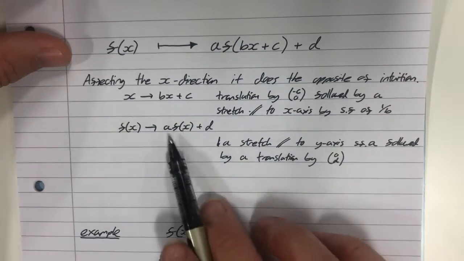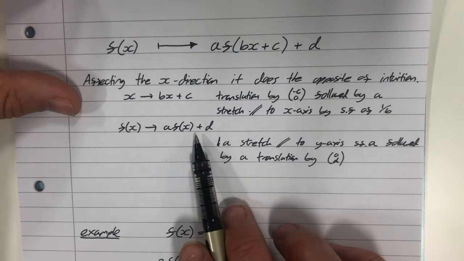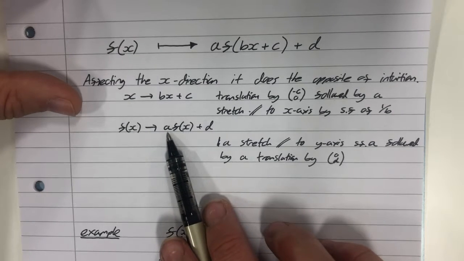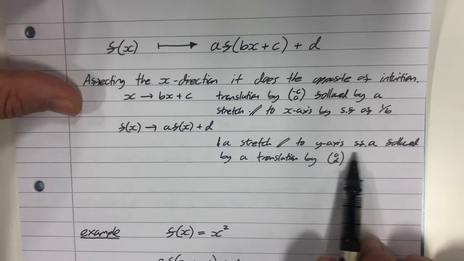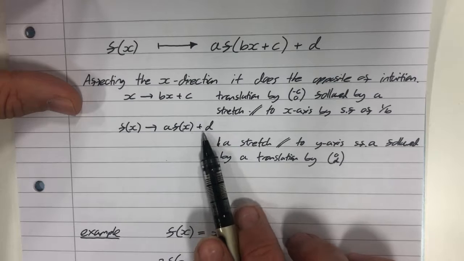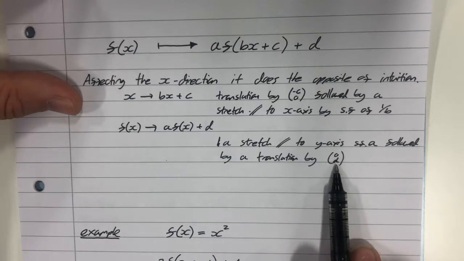So this one does what you think. It does the multiplication before it does the addition. It does the multiplication as a multiplication. It's a stretch parallel to the y-axis, scale factor a, when you're timesing by a, and you're adding d, and you actually move up by d.